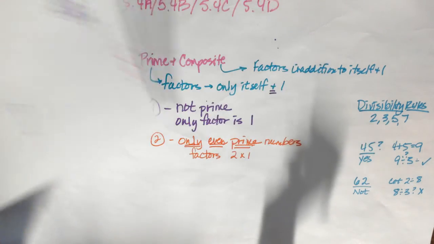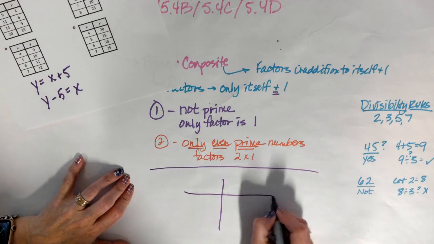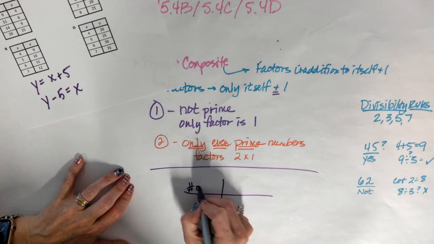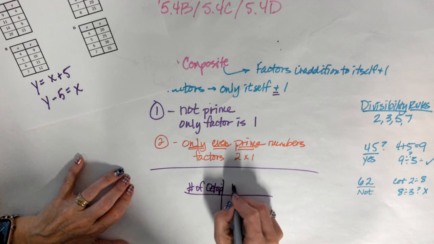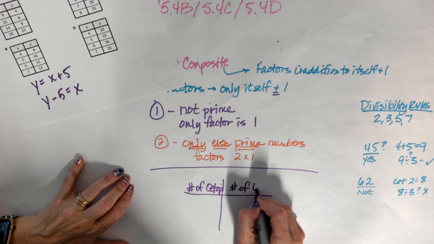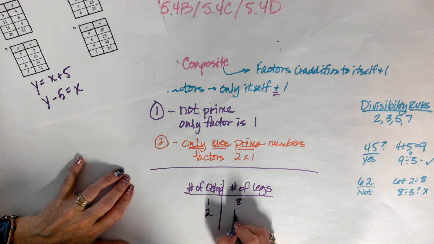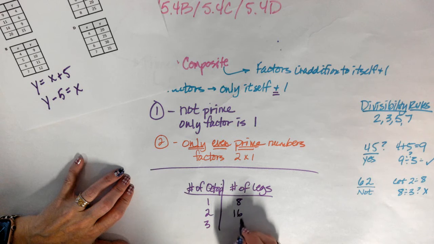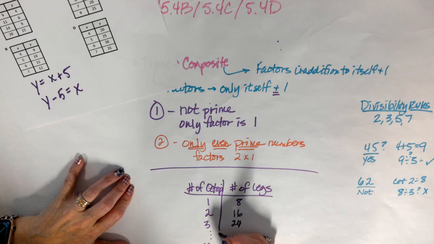So my table, can't write on that anymore, it's got marker through it. My table could look like number of octopi, number of legs, right? And I know 1 has 8 legs, 2 has 16, 3 has, why did I lose count, 24, etc. 10 has 80, okay?